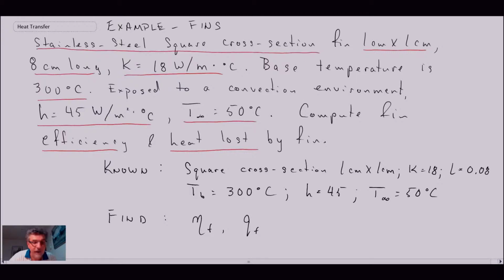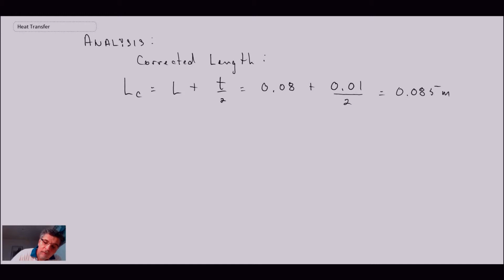We're going to extend the length a little bit in order to approximate the case 2, which was the more accurate solution, that with convection from the free tip. So we have that for the corrected length of the fin.